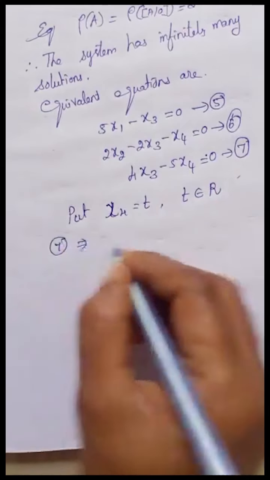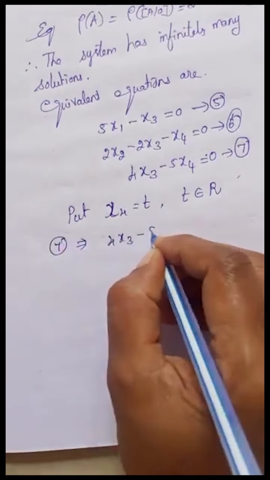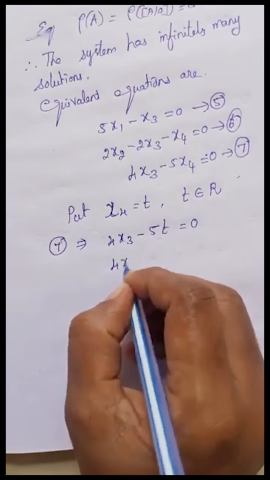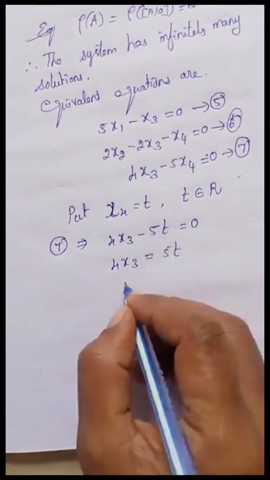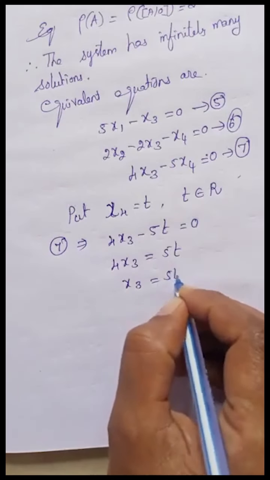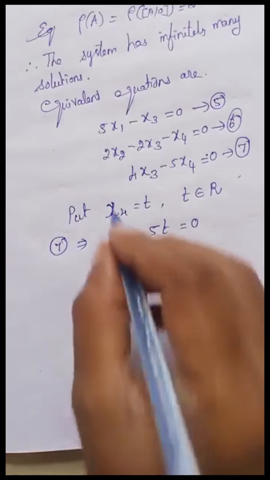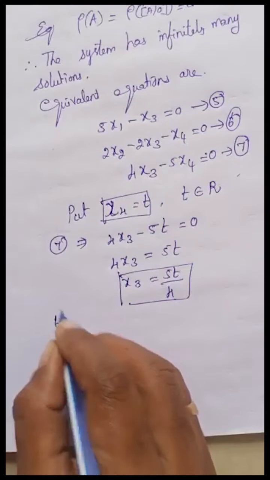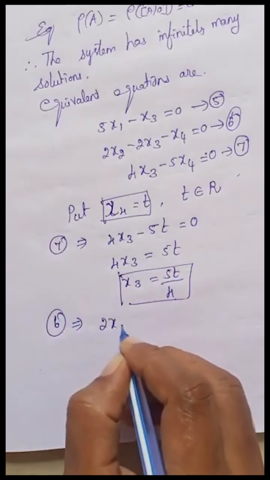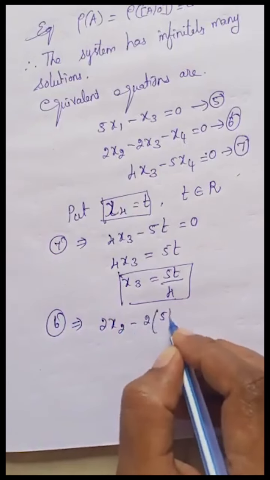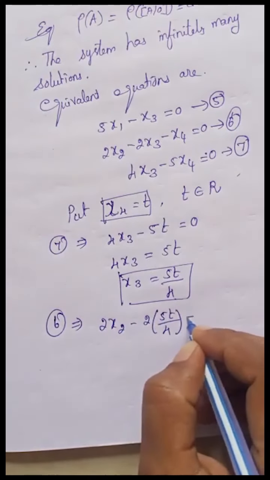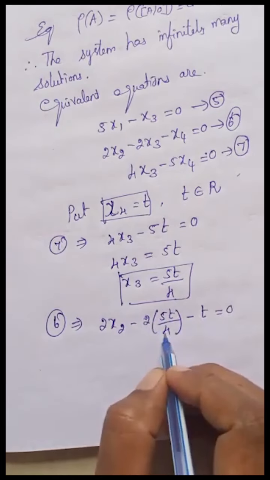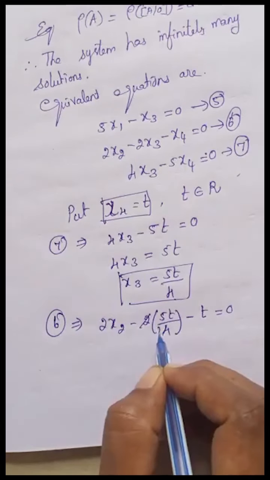So equation 7 implies 4x3 minus 5t is equal to 0, or 4x3 is equal to 5t, or x3 is equal to 5t by 4. So x4 we know, x3 we have got. Now equation number 6 implies 2x2 minus 2 into x3, that is 5t by 4, minus x4, that is minus t, is equal to 0. No need to cancel, or you can just cancel it, no issue.